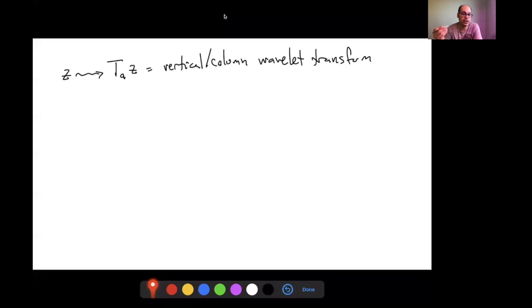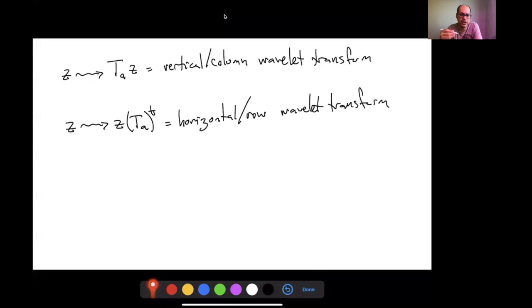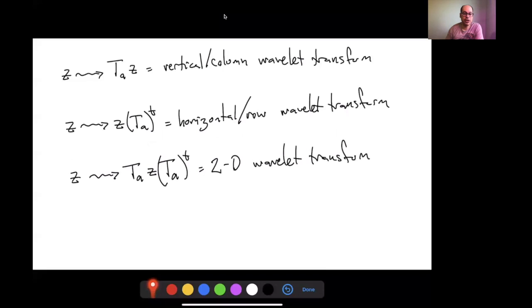So T_A on the left times Z is the vertical or column wavelet transform. Similarly, if I apply T_A transpose on the right, that's the horizontal or row wavelet transform. And finally, if I wanted to do it on both sides at the same time, we get the two-dimensional wavelet transform by sandwiching our Z with a T_A on the left and a T_A transpose on the right.